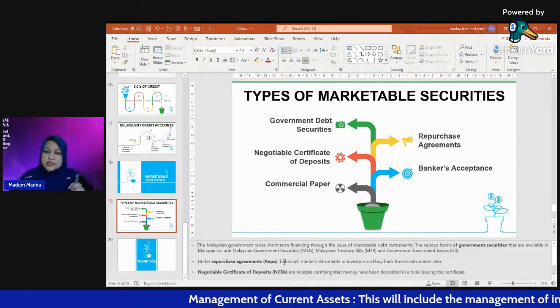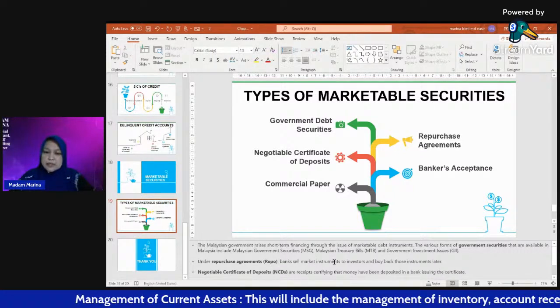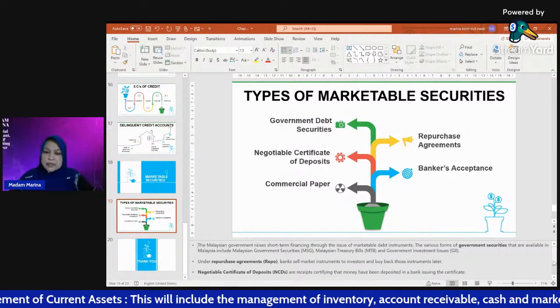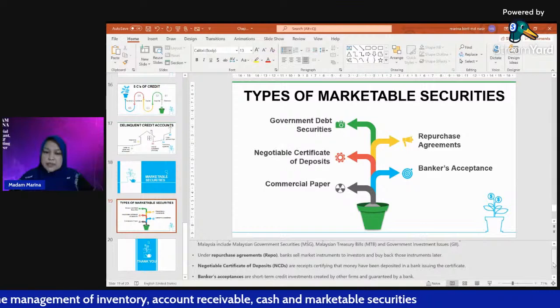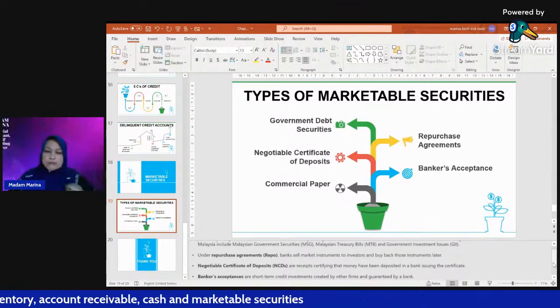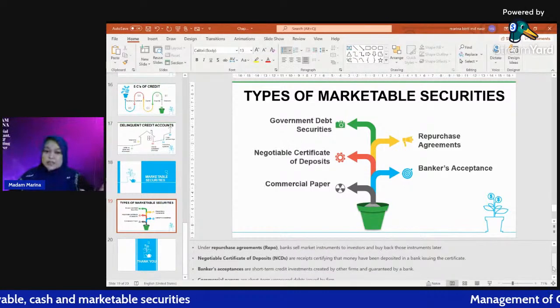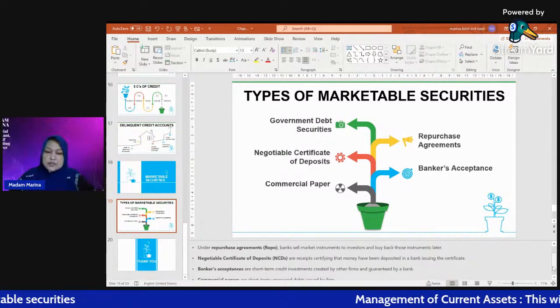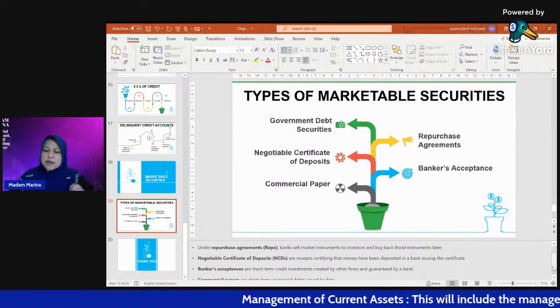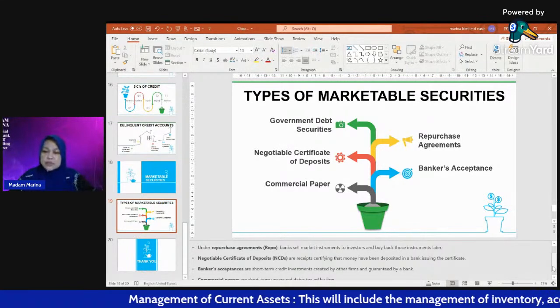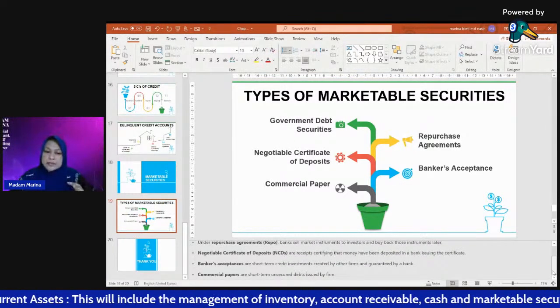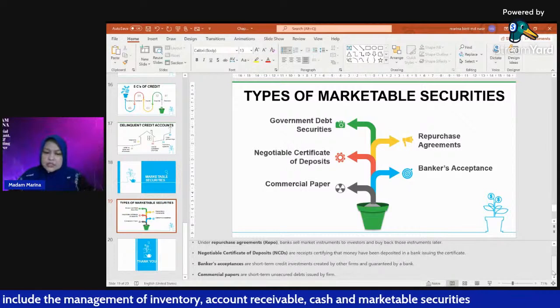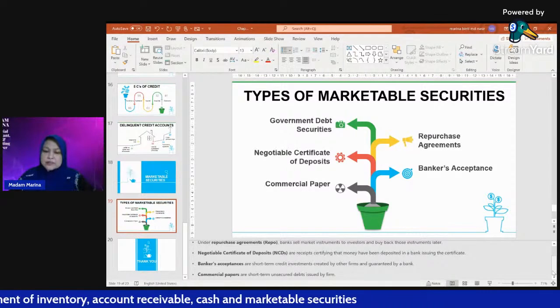Repurchase agreement: bank sells market instrument to investor and buys back those instruments later. That's why it is repurchase. Negotiable certificate of deposit (NCD): a receipt certifying that money has been deposited in the bank issuing the certificate. Banker acceptance: short-term credit investment created by a firm and guaranteed by a bank.